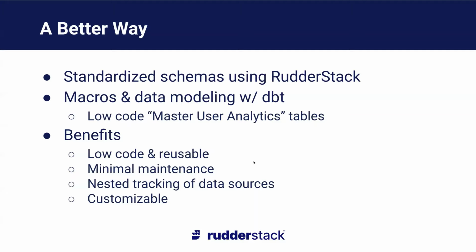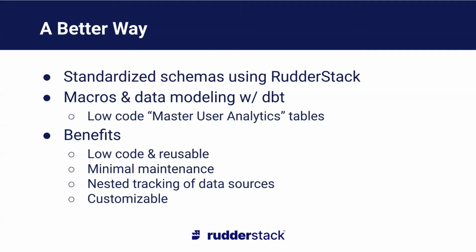Great. All right. And so another one of the benefits from the macro is it allows you to track these nested data sources. So when you're blending all these tables together, you want to be able to track the source of the data. We have things like anomaly detection algorithms that we run, so we identify when there are odd spikes or dips in data.